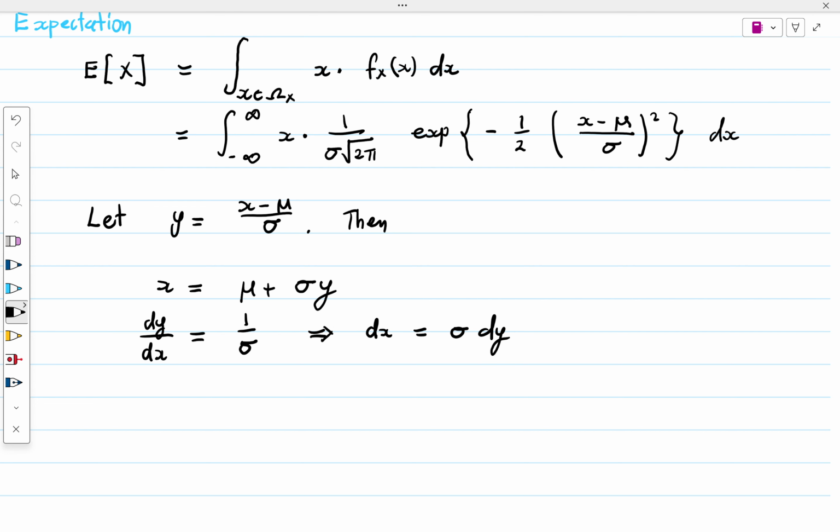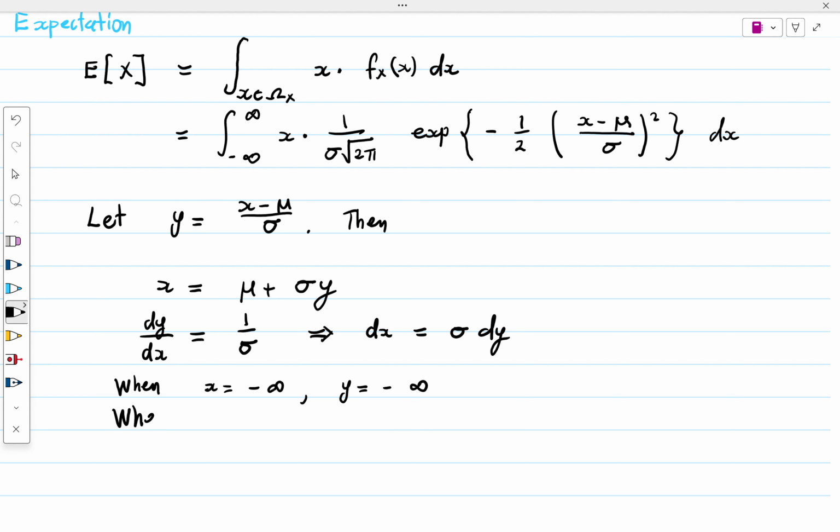The last thing to point out, of course, when we perform substitution is we need to work out what the terminals will be under the new domain. We can do that very quickly. We note that when x is equal to negative infinity in this particular expression, y will also equal negative infinity, because when we subtract mu and scale by sigma, that's not going to do much to negative infinity.